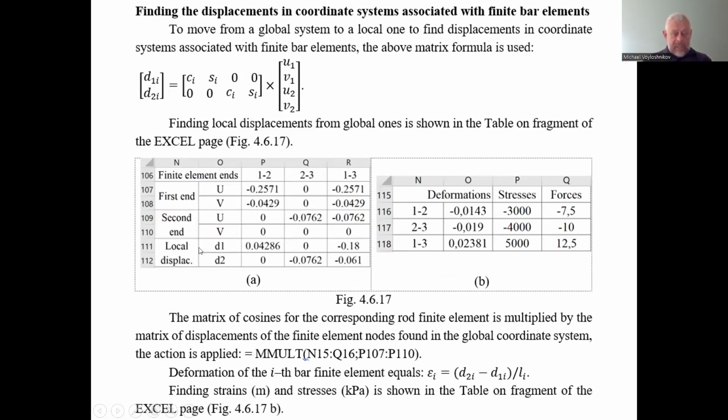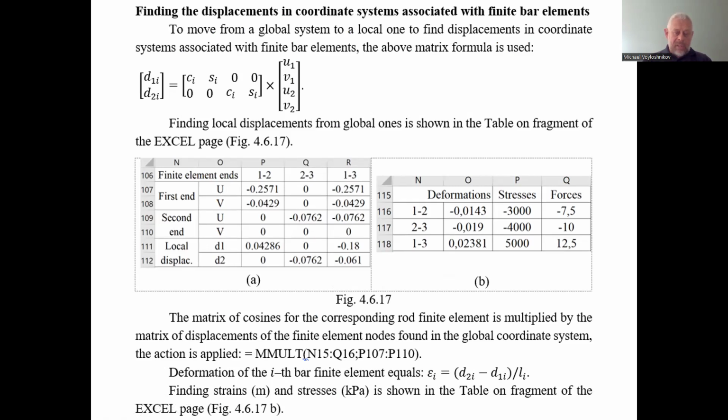After that, we have to transform these displacements of the nodes at the ends of the first, second, and third finite elements. The displacements here, u and v, abscissa and ordinate, are in the global coordinate system. We have to transform them into the local coordinate system associated with each finite element.